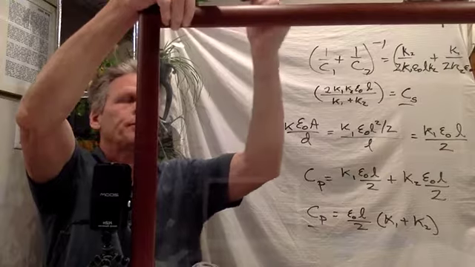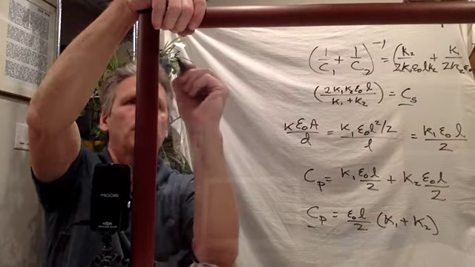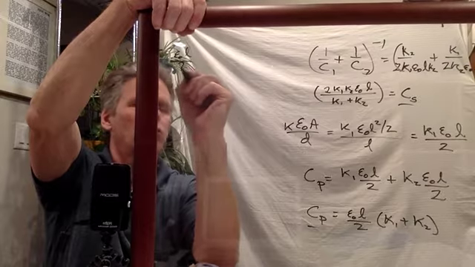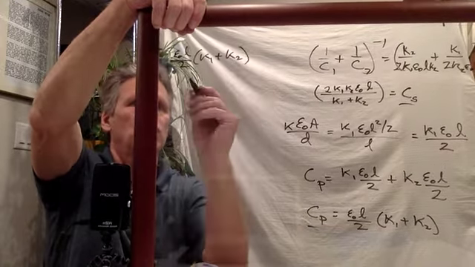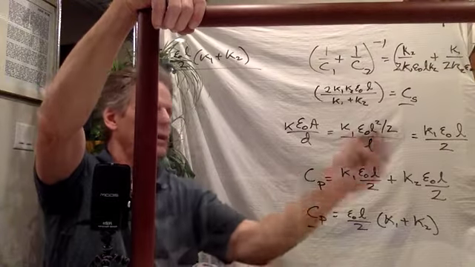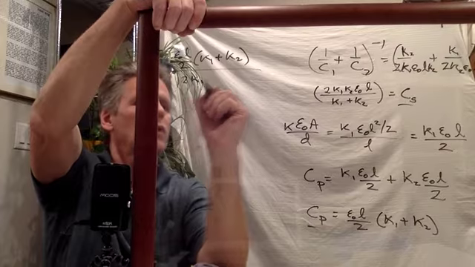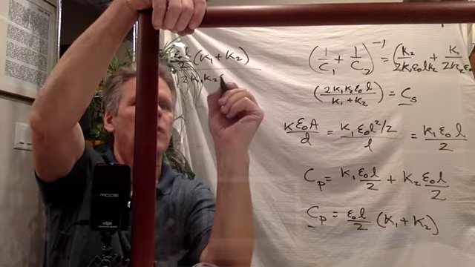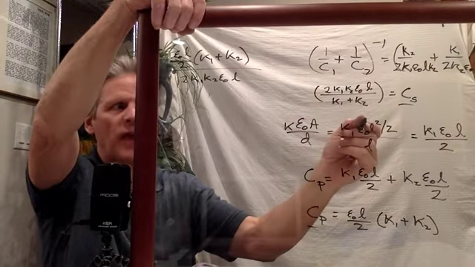Okay. So we have epsilon 0 L over 2 times kappa 1 plus kappa 2, divided by 2 kappa 1 kappa 2 epsilon 0 L over kappa 1 plus kappa 2.